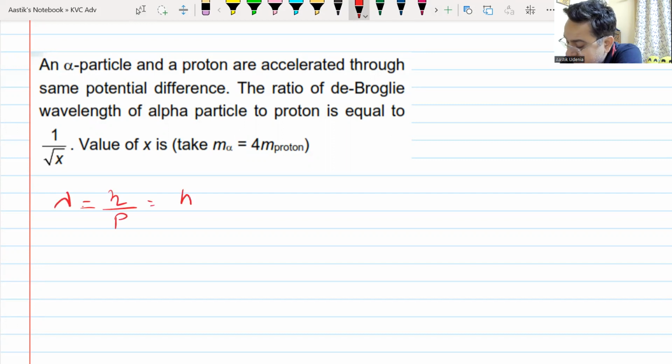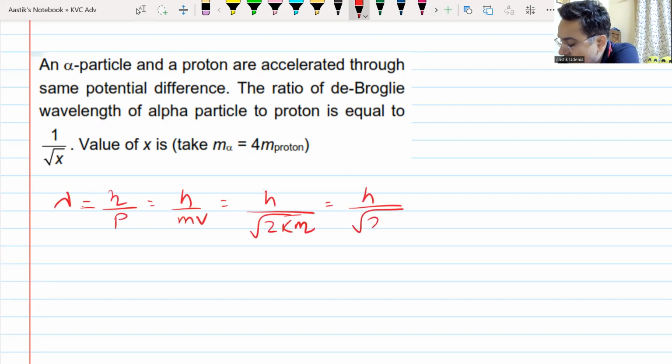P is momentum, h by mv, which is h by root over 2 km, which is also equal to h by root over 2 mqV. Do we remember this? Yes, sir. Thank God we remember this, because after that, your answer is wrong.